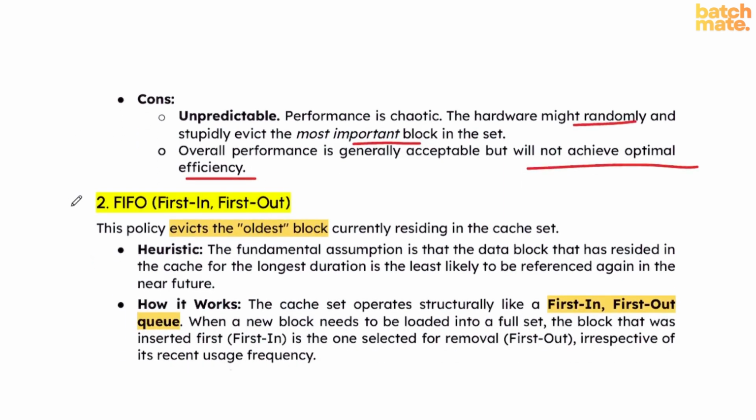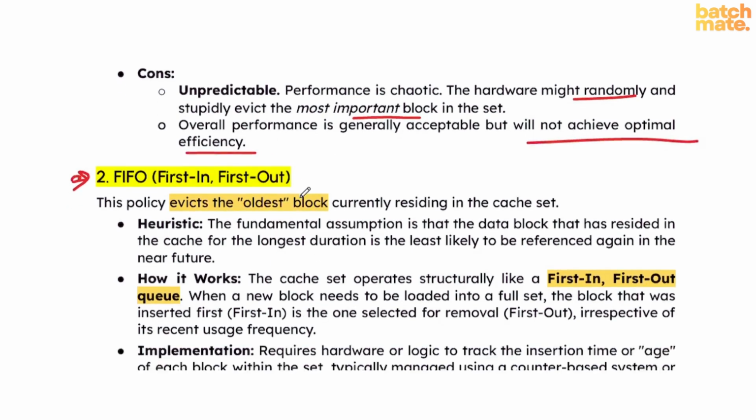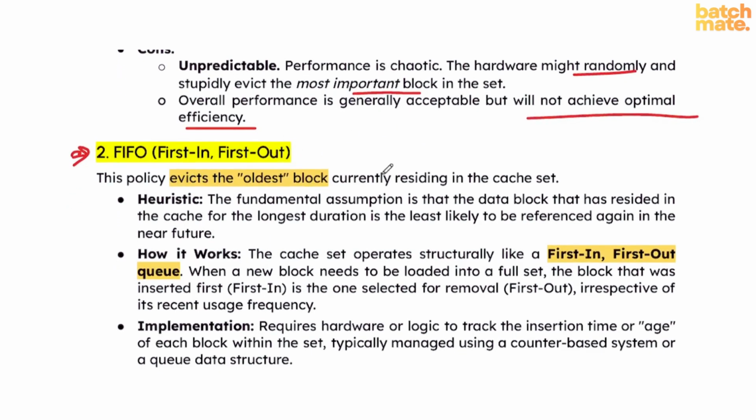Next, let's try to be a little smarter. This is FIFO, first in, first out. Here, the heuristic is that the oldest block in a cache set is the most useless. So, let's evict this. The cache set operates structurally like a first in, first out queue.